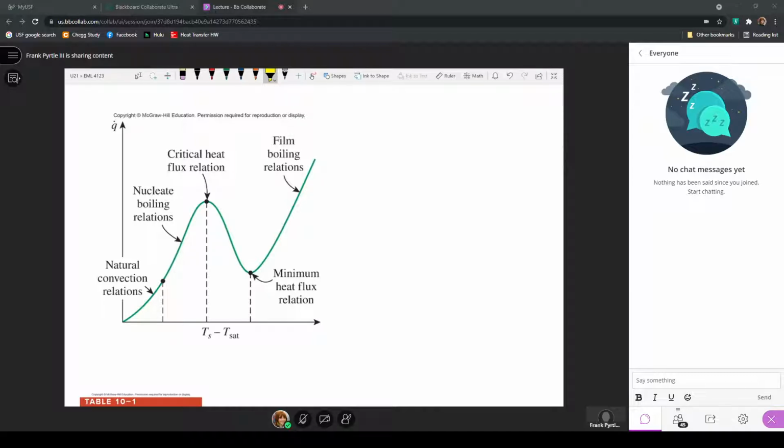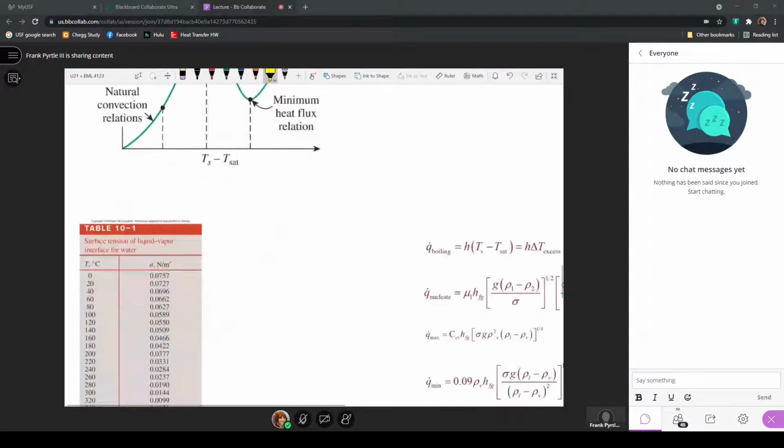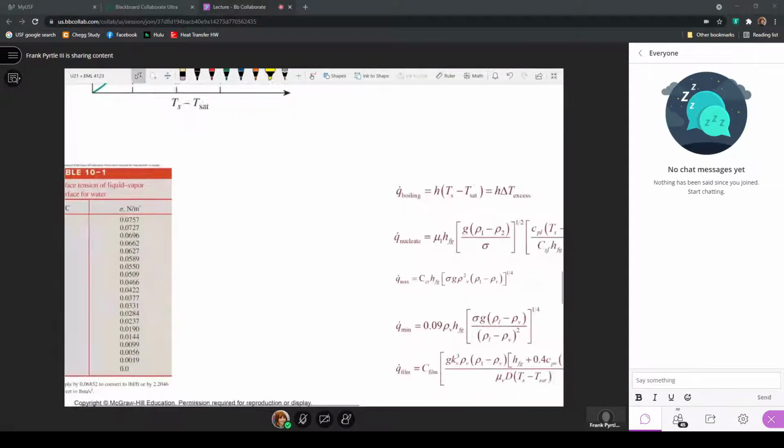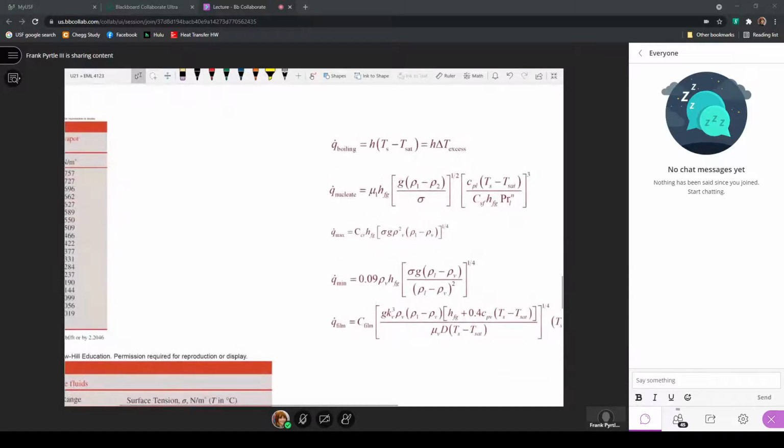They are empirical correlations that describe heat transfer during natural convection, nucleate boiling, and film boiling, with specific equations or correlations that tell us what the values are of the critical heat flux and this minimum heat flux, which is the Leidenfrost point. All of these expressions, I took from your text here.